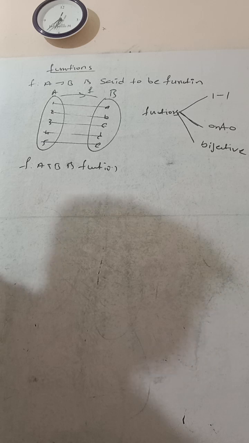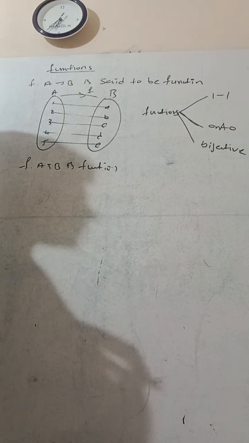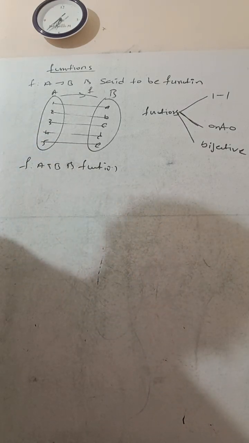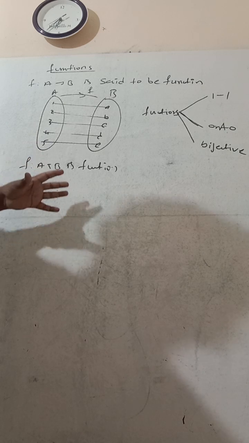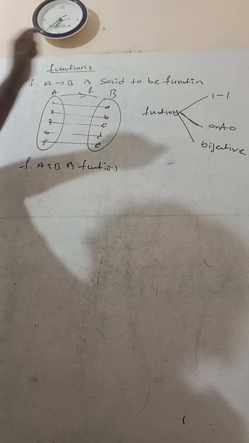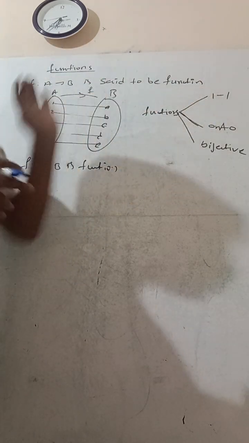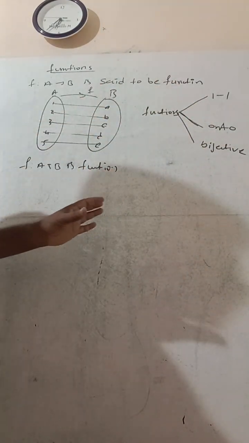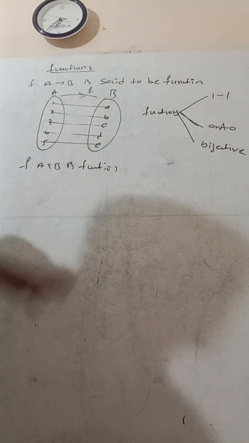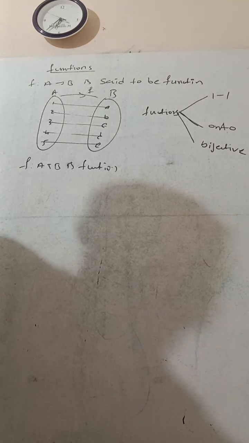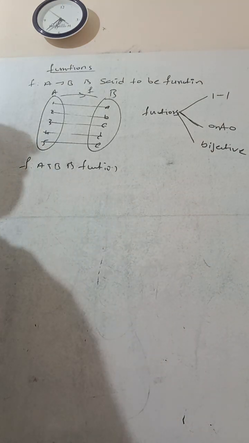And a bijective function is a function that is both one-one and onto. Then you can say that this function is known as bijective.